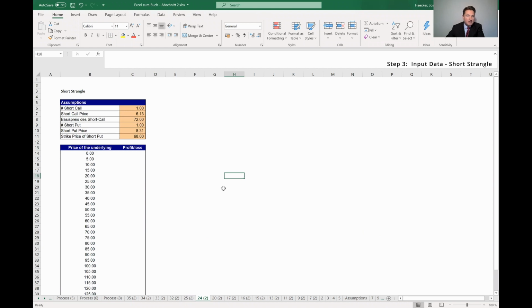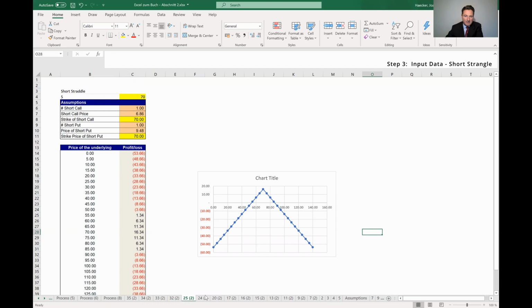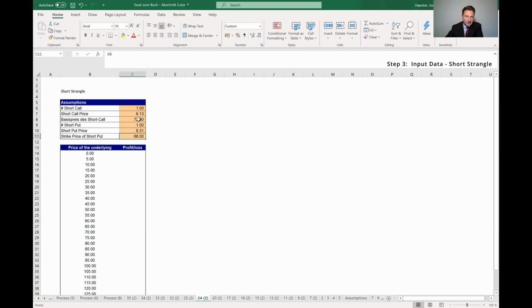Step number 3, we do the same for the short strangle. You see what's the difference? Well, the two strikes are not at the level of 70 anymore, but on the level of 72 concerning the short call, and on the level of 68 when it comes to the short put.